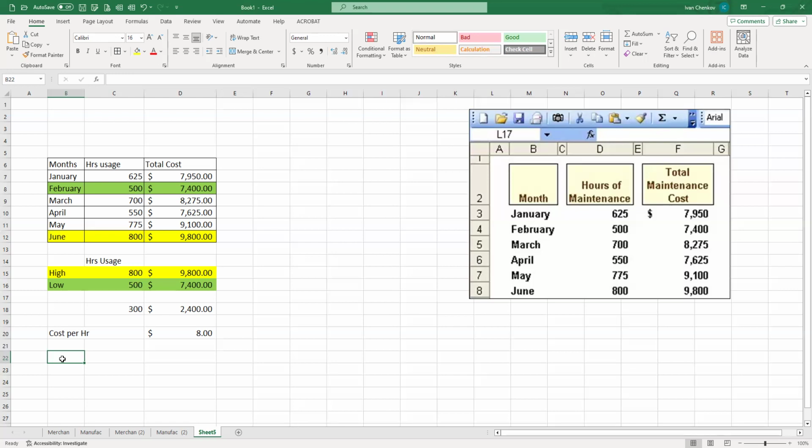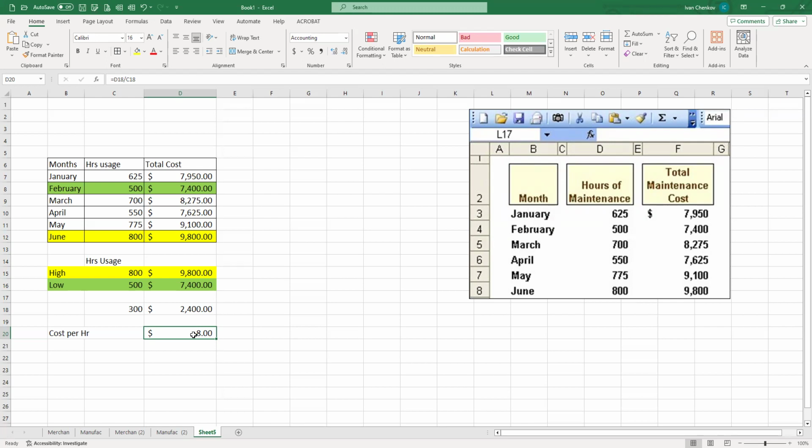Why would it be 600? No, it's not 600. Because according to the difference calculation the result should be cost per hour is $8, and in June we used 800 hours.